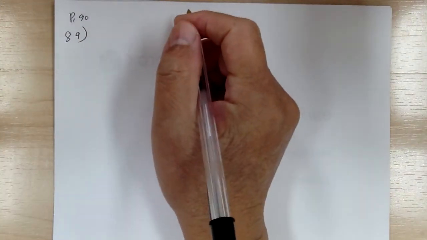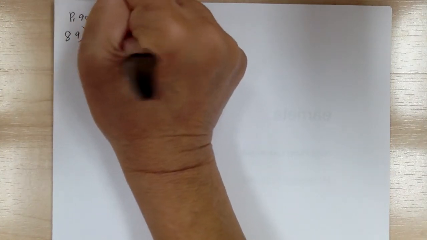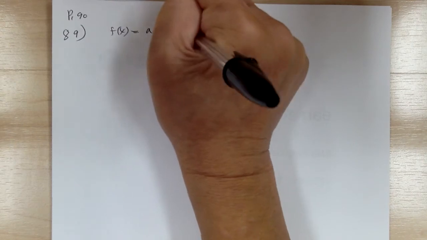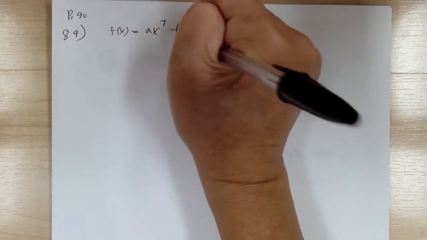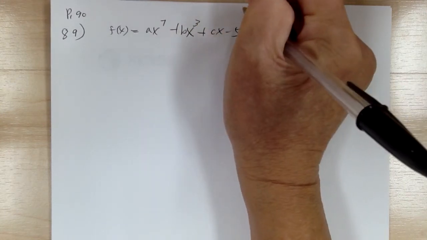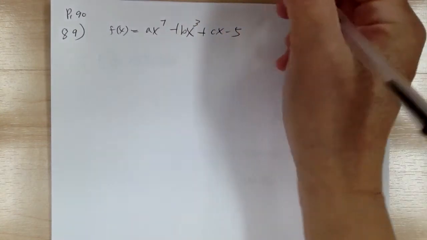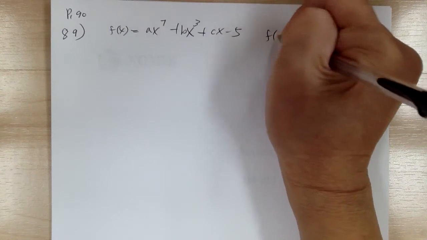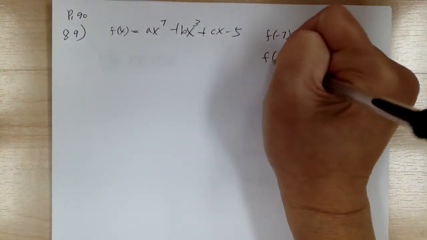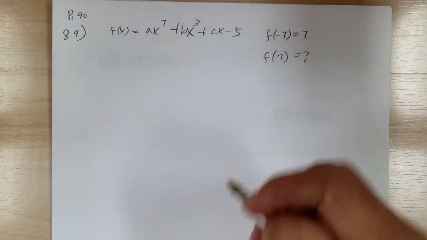Number 89. Say that f of x equal to ax to the 7 plus bx to the 3 plus cx minus 5, and a, b, c are constants. If f of negative 7 is equal to 7, you're looking for f of 7.